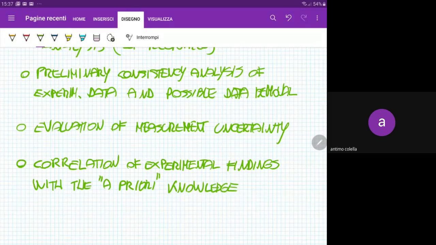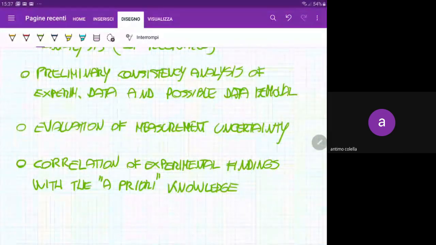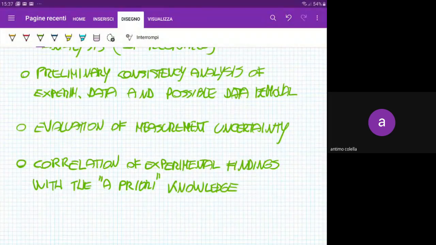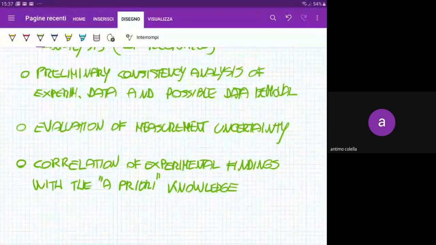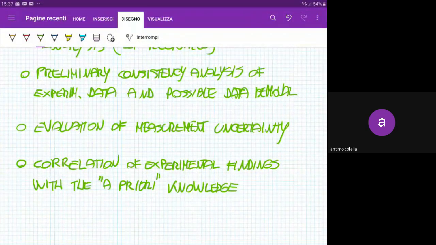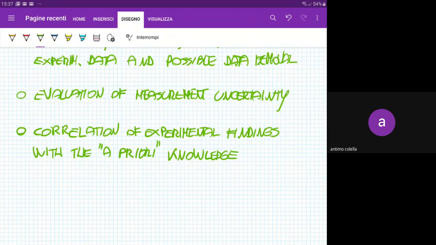Okay, and that is your first check, because if you are expecting a certain value of the displacement, let's say millimeters, and from your measurement you find out that these displacements are of order of magnitude of meters, then there is a problem.